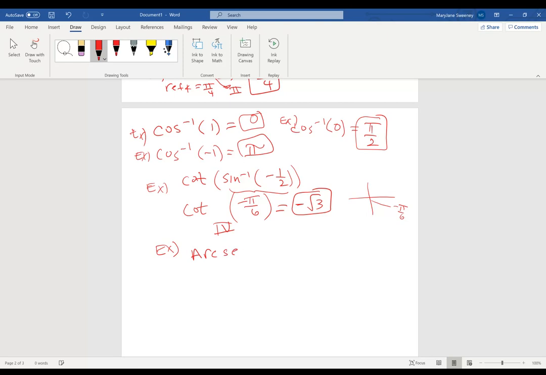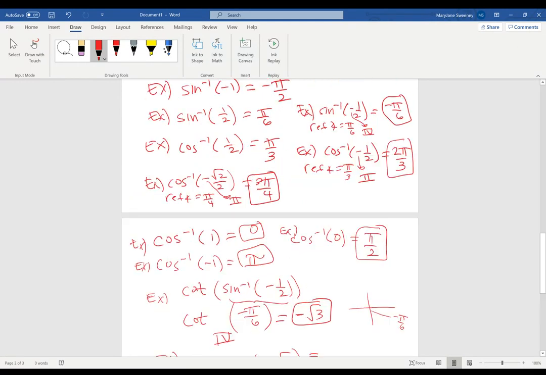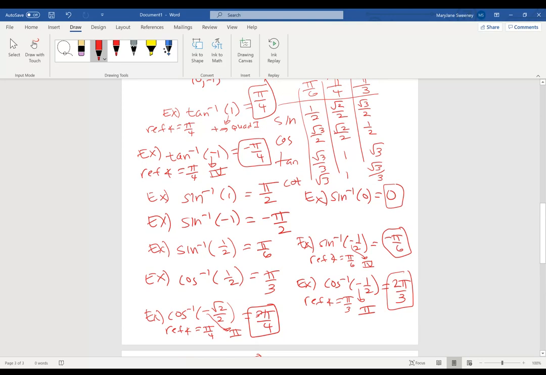Arc sec of negative radical 2. Arc sec, remember, is the same as inverse sec. So this is saying where is sec negative radical 2? Well, sec is radical 2 at pi over 4.